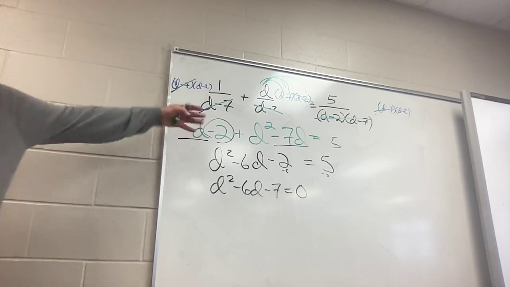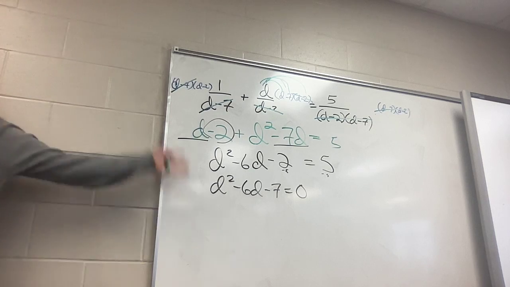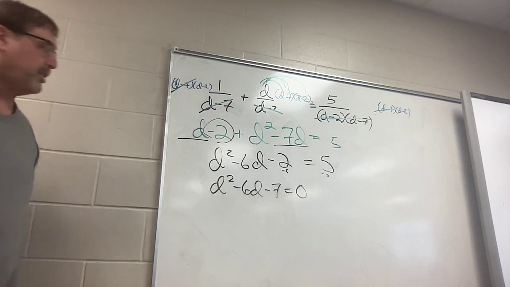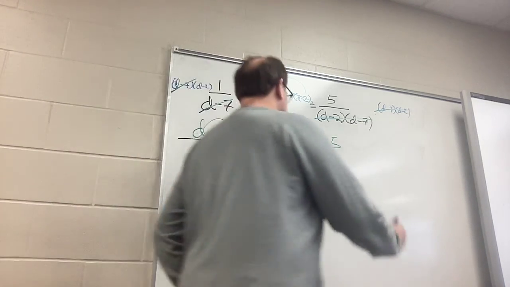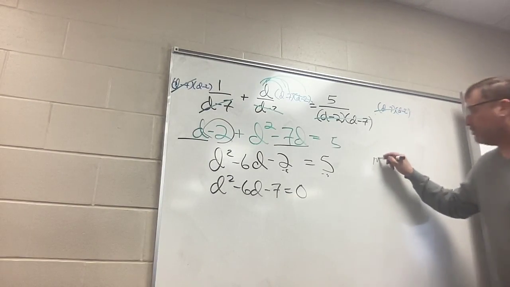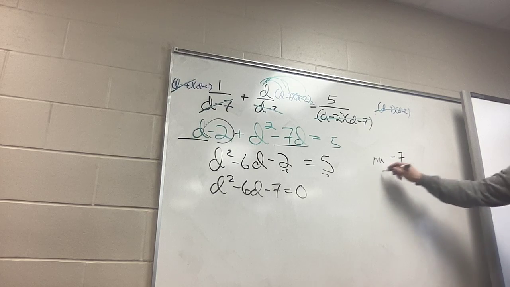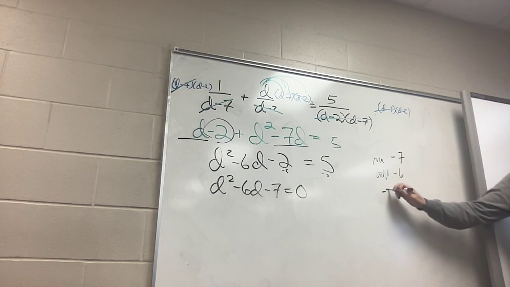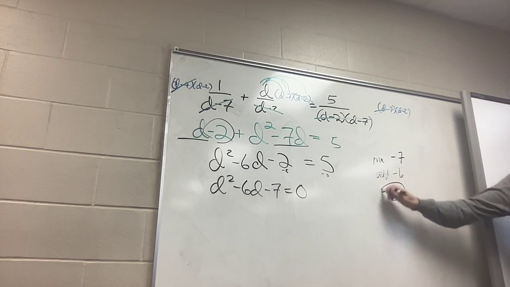And guess what? We're going to do the big T stuff here. Multiplies to be negative 7, adds to be negative 6. I'm going to do it quick. No, I'm not. I want it to multiply to be negative 7, add to be negative 6. That is negative 7 and positive 1.